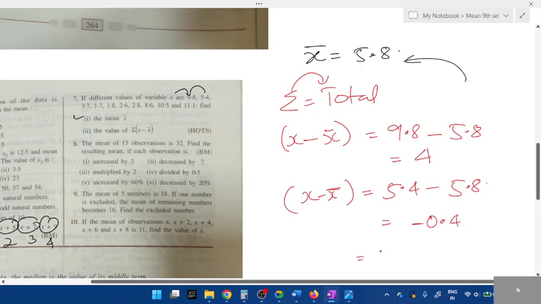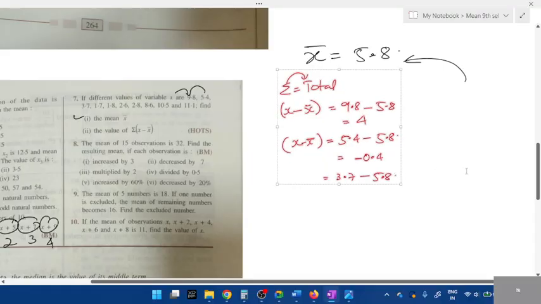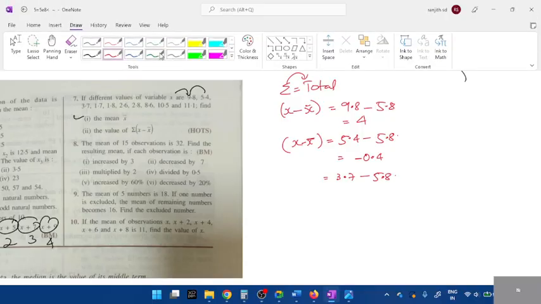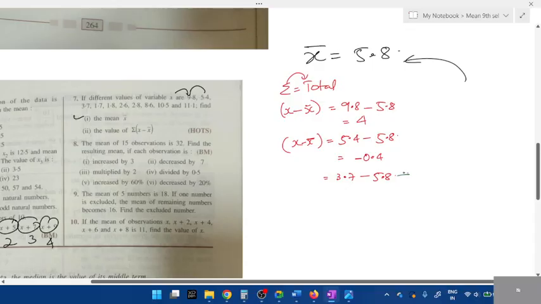For the third one, what do you get? Take 3.7 and subtract with 5.8. Okay, complete this, students. Take all the values. Tell me the answer for this. Next.